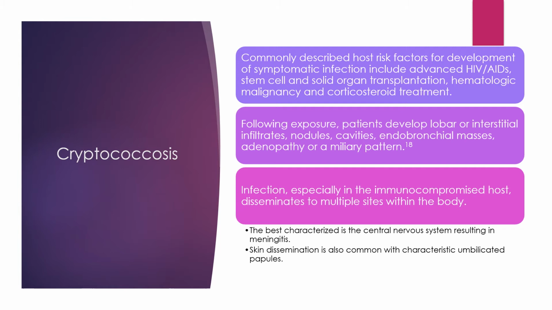And especially in the immunocompromised host, infection can disseminate to other sites in the body. Clearly, the most characterized and most frequently described is the central nervous system, which results in subsequent meningitis. But you can also see skin dissemination with these umbilicated papules arising in these patients.